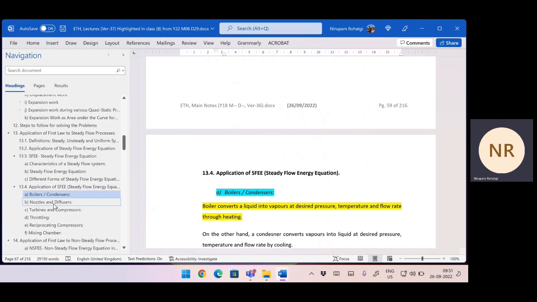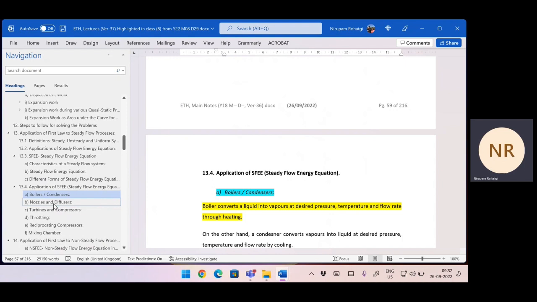All these we can take and apply this steady flow equation on them and get some special equation for a boiler or a nozzle, or a diffuser, etc. We'll be doing that, but all that you can do yourself. The only thing is, the equation which I gave you for steady flow encompasses all processes. All steady flow processes can be solved by that.